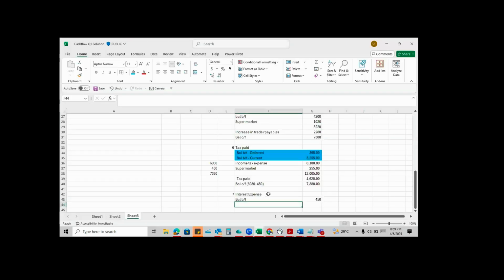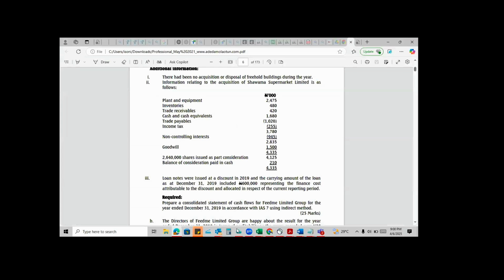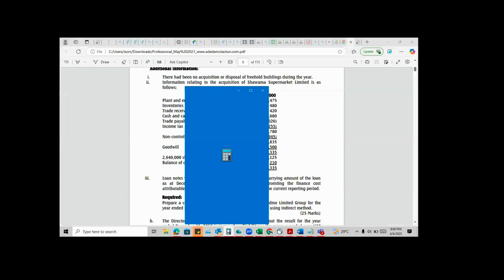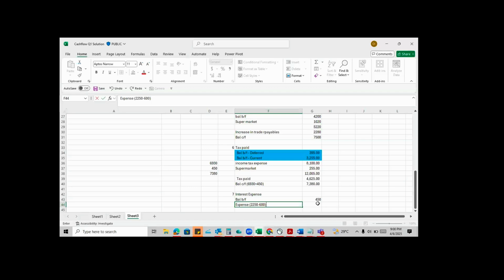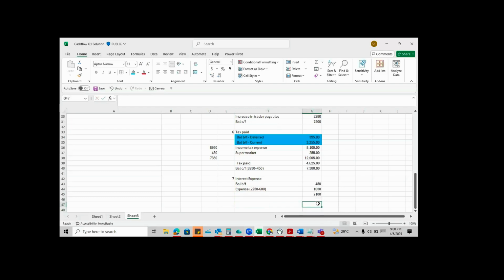I'll say my expense should have been 2,250 minus that 600, which will give us 1,650. By doing this, my interest liability should have been 2,100.